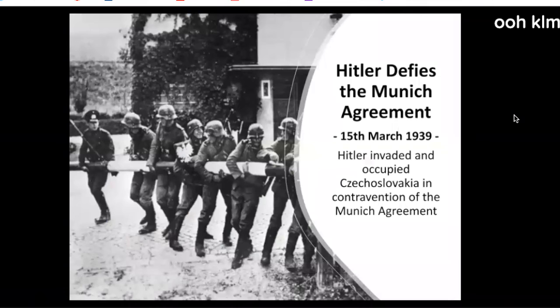It is this breaking of the agreement that wakes up Britain and their ally, France. Hitler promised, he pinky promised, he wrote down on a piece of paper that he was not going to take any more land, but he has been used to getting away with getting what he wants, because every single time that he's broken the Treaty of Versailles, does anything happen? No, the League of Nations backs down and they let him do what he wants.